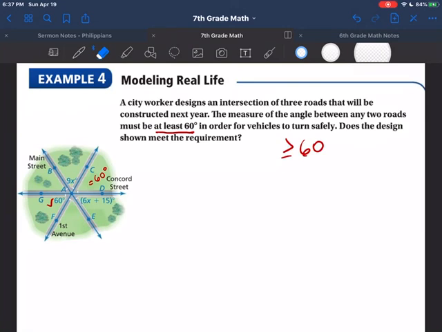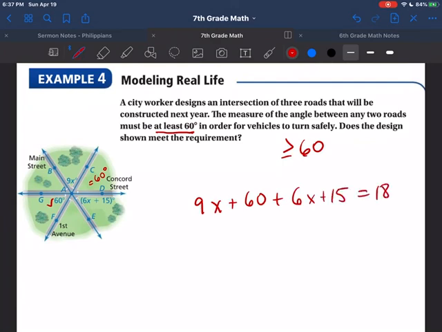So if that's 60, therefore, okay, is this really what they want me to do? Okay, so probably after the last problem, 9x plus 60 degrees plus 6x plus 15 equals 180. I don't know if this is what they want me to do or not, but this will work. Okay, combine like terms.